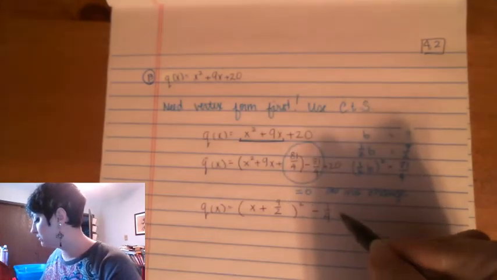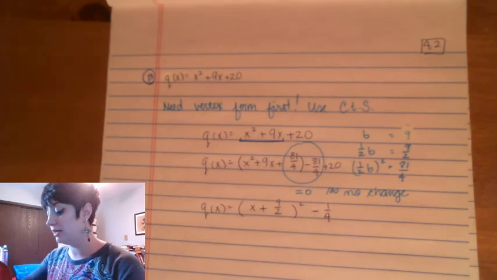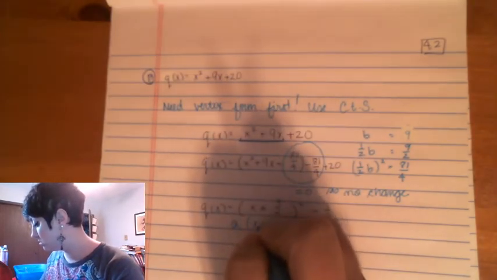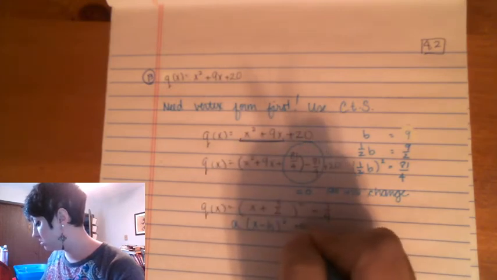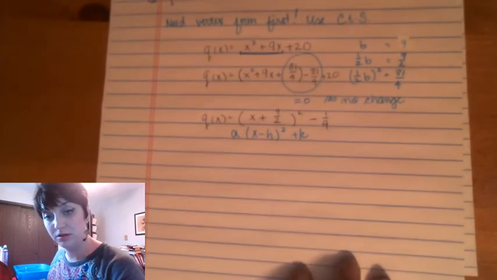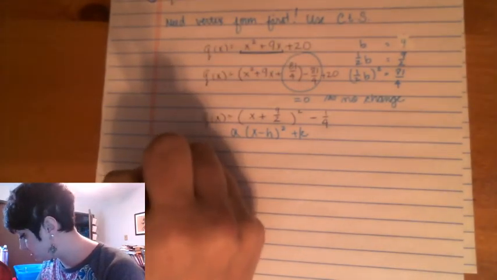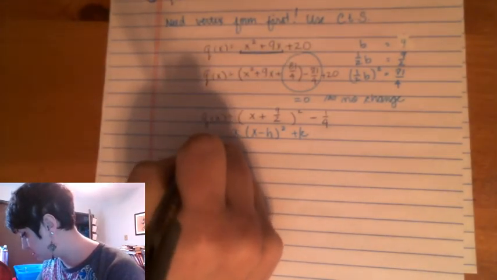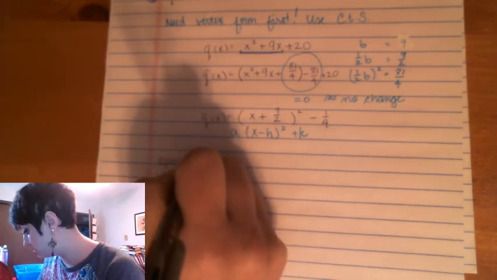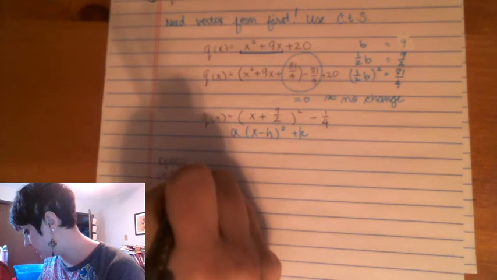So this is negative 1/4. This is your vertex form. Now you can answer the questions about how it opens, what the vertex is, what the x-intercepts are.